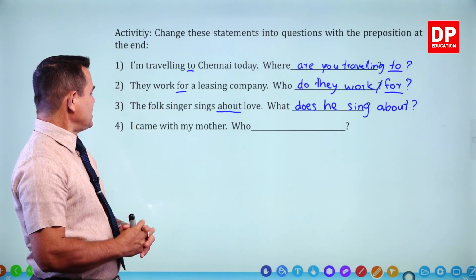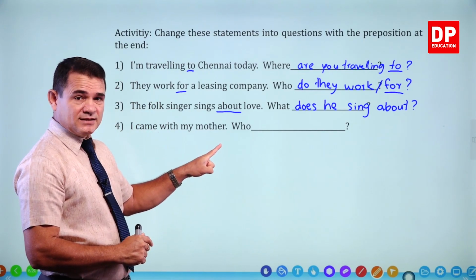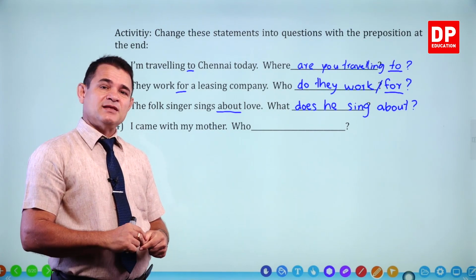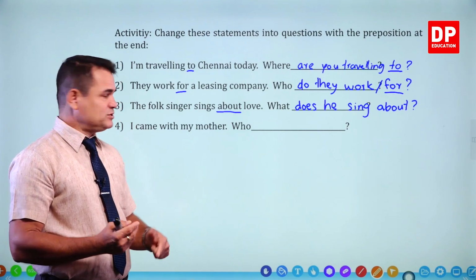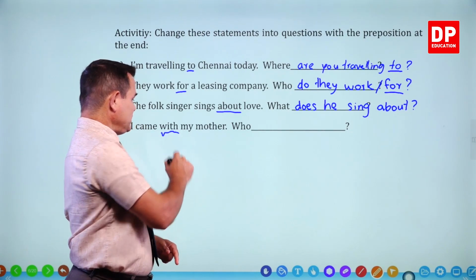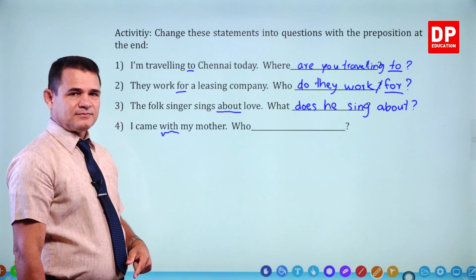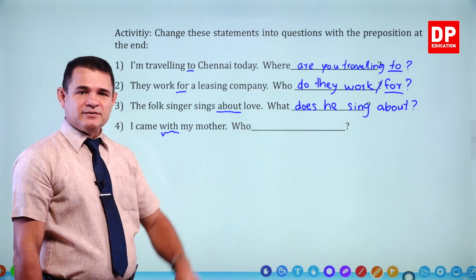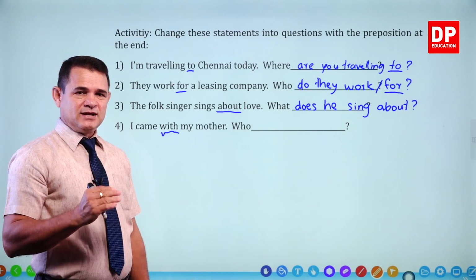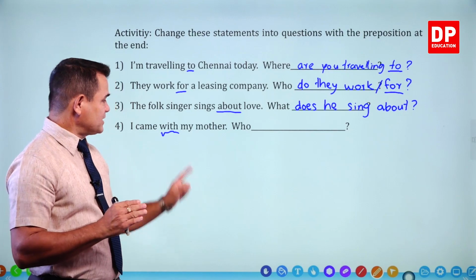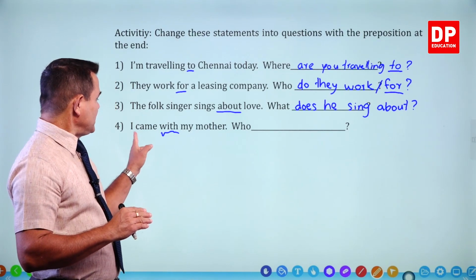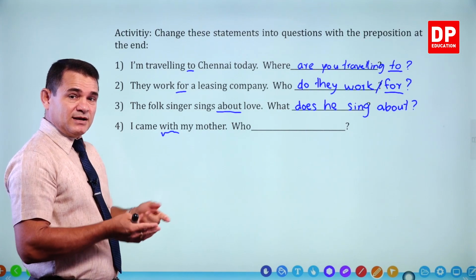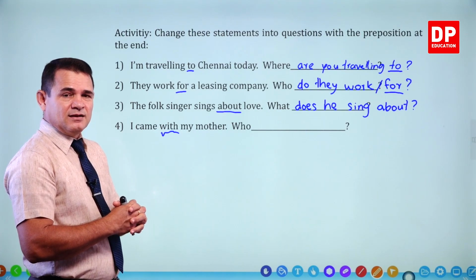And the next one, I came with my mother. What is the preposition? The preposition is with. So we ask, who did you come with? First you have to understand the tense. I came is past tense. For past tense questions, as we learned in an earlier lesson, we use did.